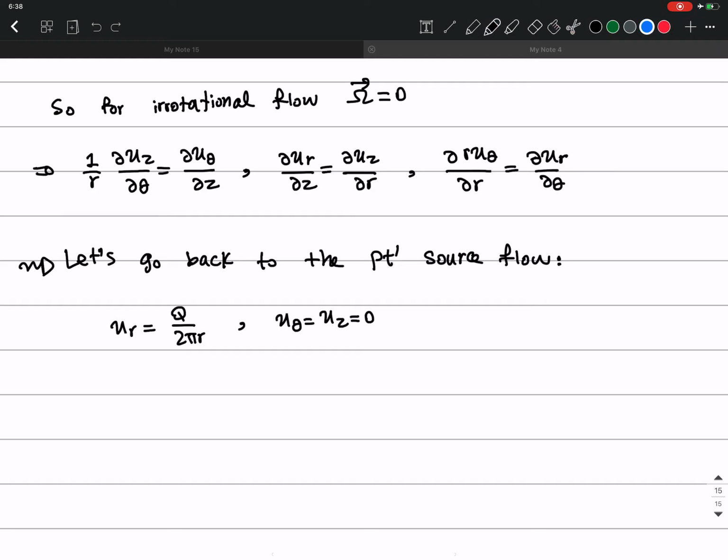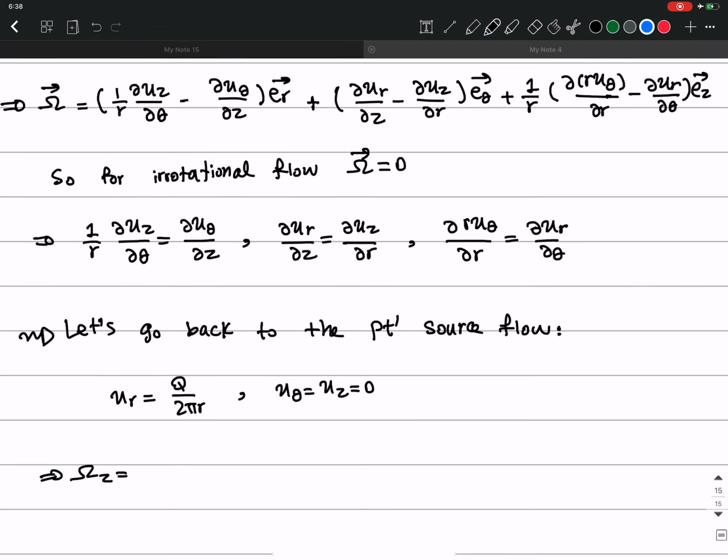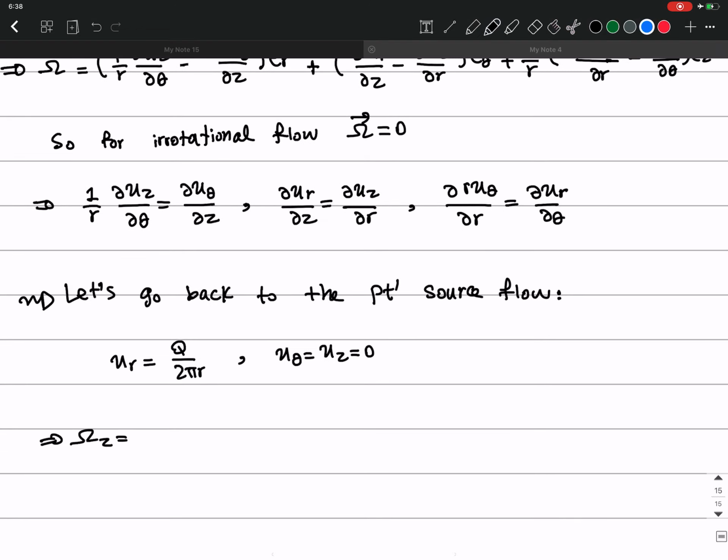And for the other component, we can calculate that. Let's say for the third component, which is the vorticity vector in the z direction, it's going to be 1 over r partial r u theta over partial r minus partial ur over partial theta.